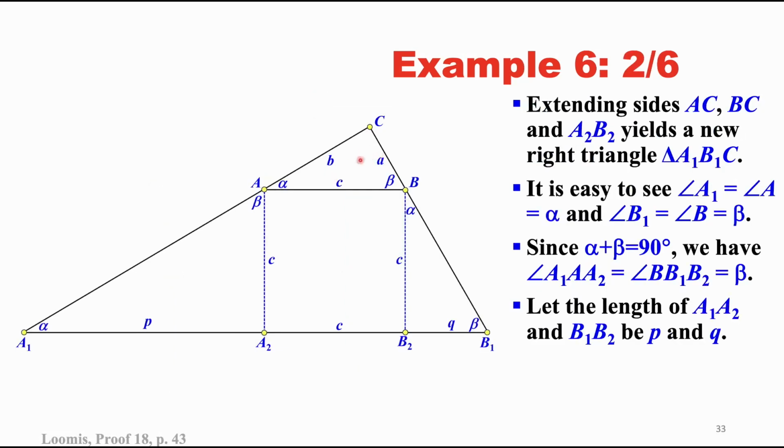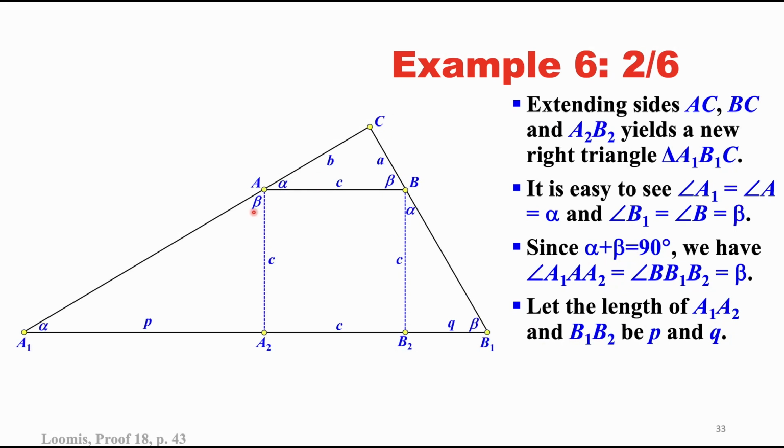Now let's extend the sides AC, BC, and the side A2B2 to get new right triangles. It is obvious due to parallel lines. Angle A1 is equal to angle A, which is alpha. Angle B1 is equal to angle B, which is beta.